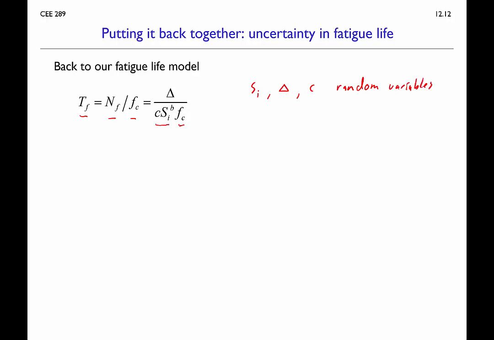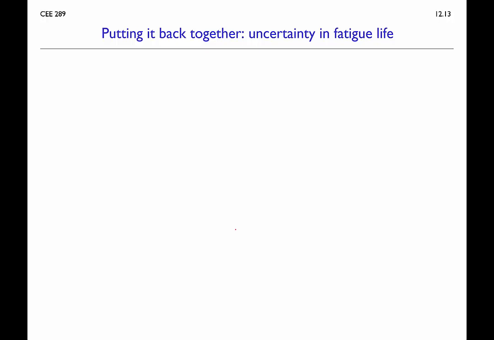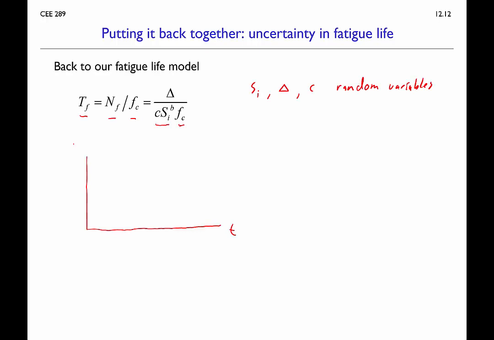And if that's the case, then TF is going to be a random variable, obviously a function of other random variables. So what we'll think about generally is a probability density function for TF. So we'll end up with some sort of PDF, probably looks something like that.